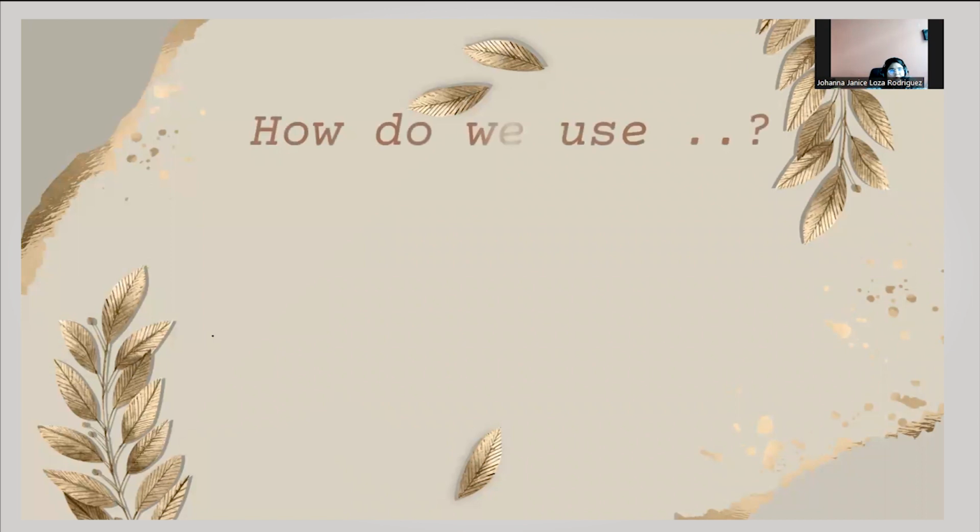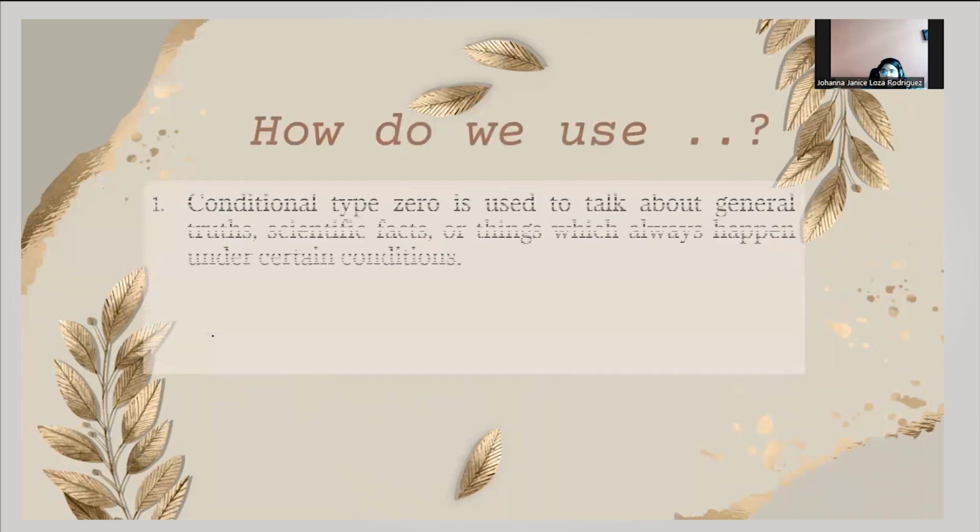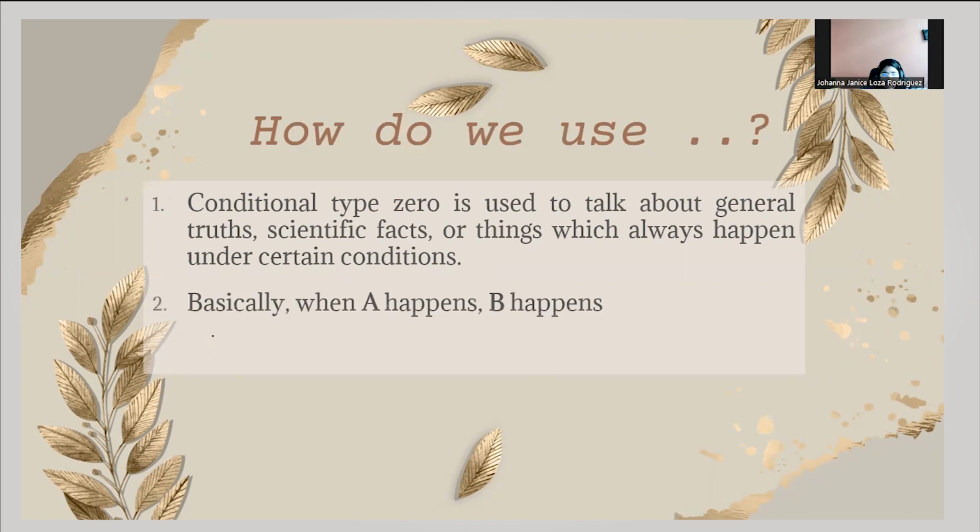How do we use the zero conditional? Really simple. The conditional type zero, or zero conditional, or real conditional, is used to talk about general truths, scientific facts, or things which always happen under certain conditions. Basically, when A happens, B happens.